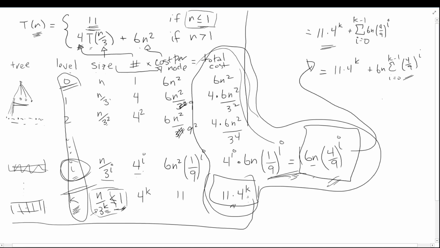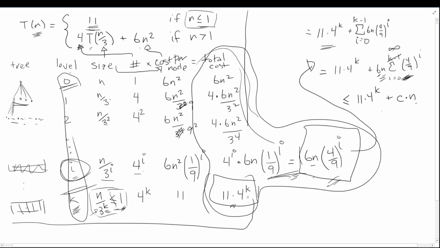Because it's less than 1, we can still apply Zeno's paradox, or the fact that this sum, if we change this to infinity, is still going to be less than a constant. So I'm going to simplify that term, and if I'm going to use a less than or equal to here, I'm still going to leave my first term alone. This term here, I'm going to merge that 6 in with whatever constant I get out of that, call it c, and multiply that by my n.